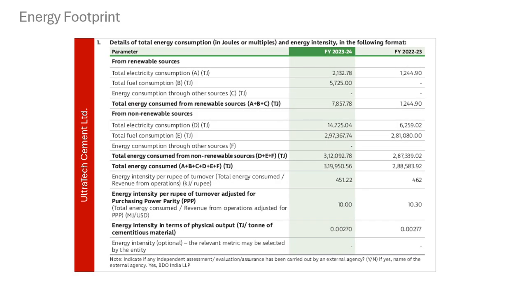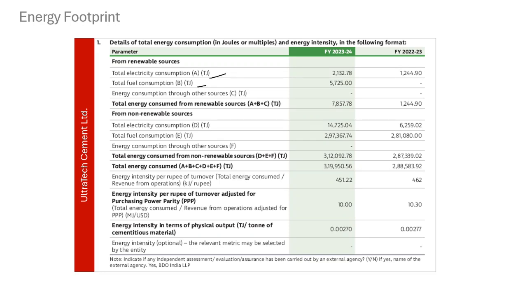Let us take an example from an industry which is highly energy intensive, cement. This is the disclosure under this KPI for energy footprint for UltraTech Cement Limited. As we said earlier, energy can be derived by consuming electricity or consuming fuel.